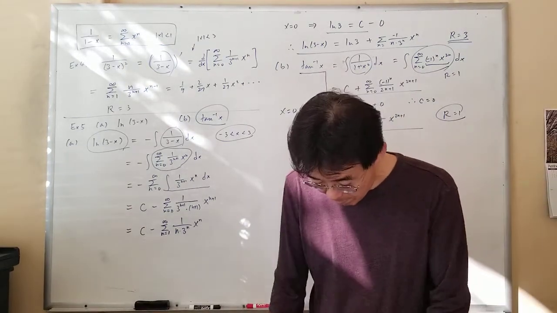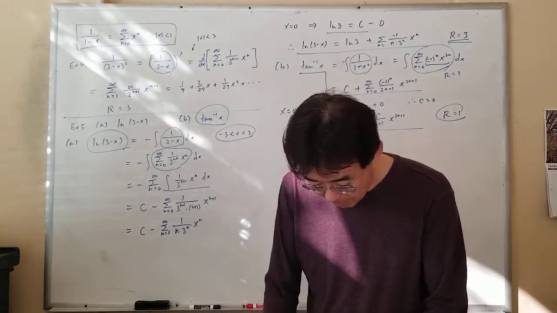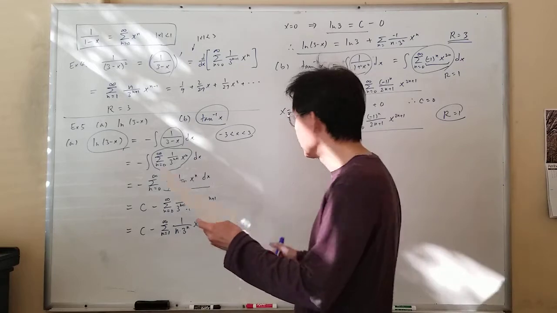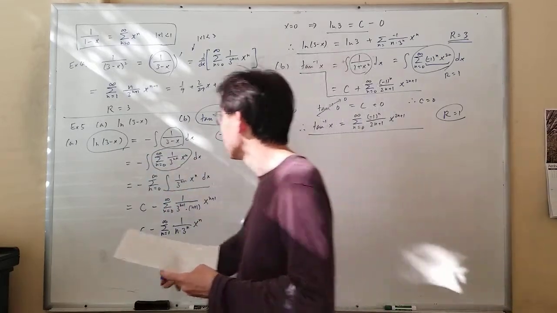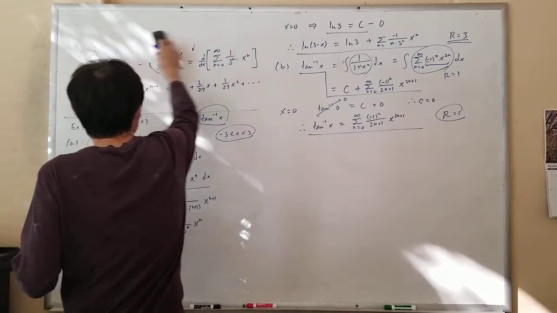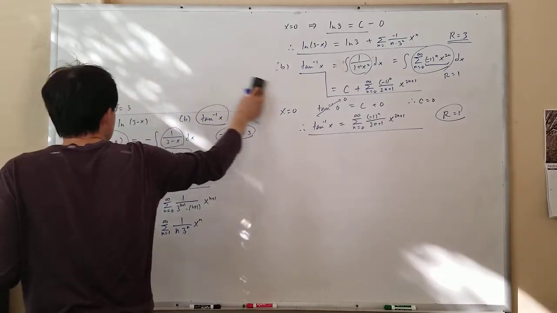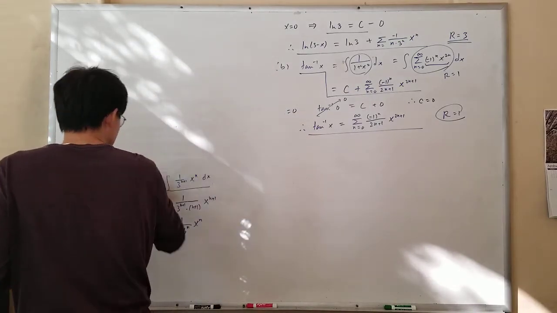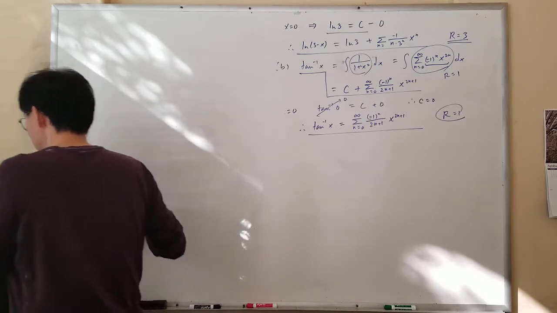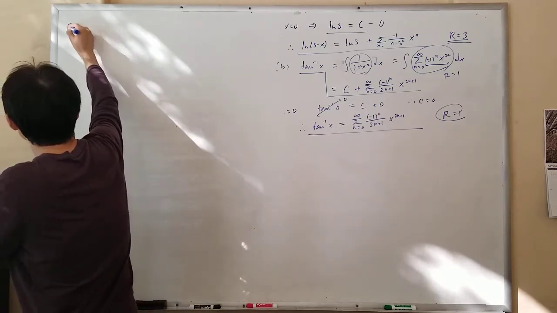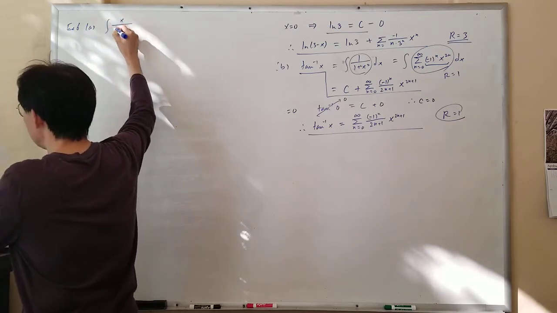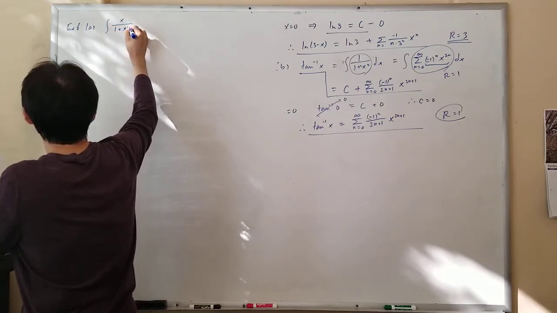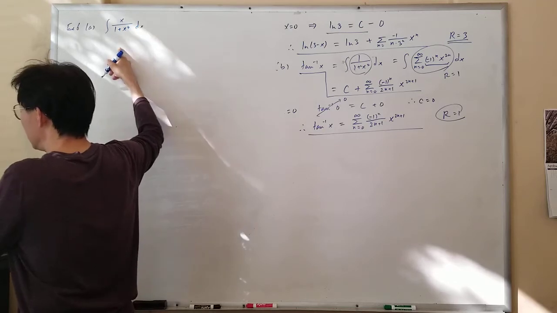Next, find the power series of, okay, let's do it over here. A: find the power series of the integral of x over 1 plus x to the 4th dx.